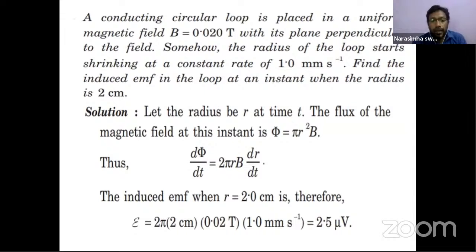So d phi by dt: we just differentiated this phi with respect to t. Why is it happening?